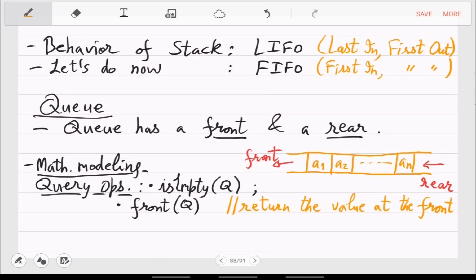So there is no function for rear, so you cannot see what is stored there.